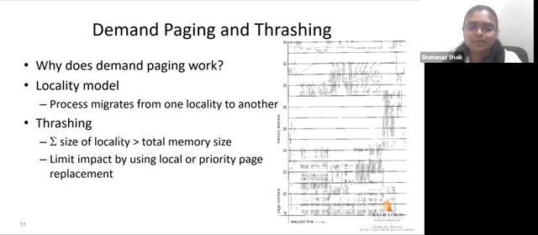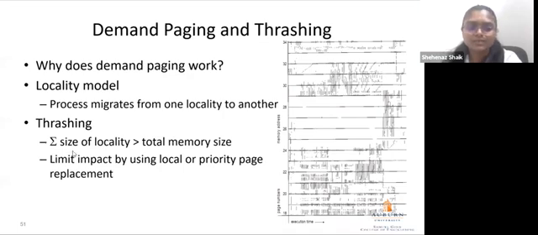So we need to ensure that the entire locality of a process at any given point in time is available in main memory. And we want to ensure that for all the processes that are currently active in the system.